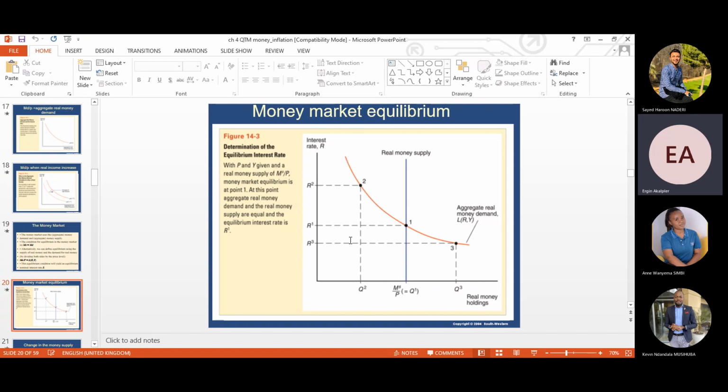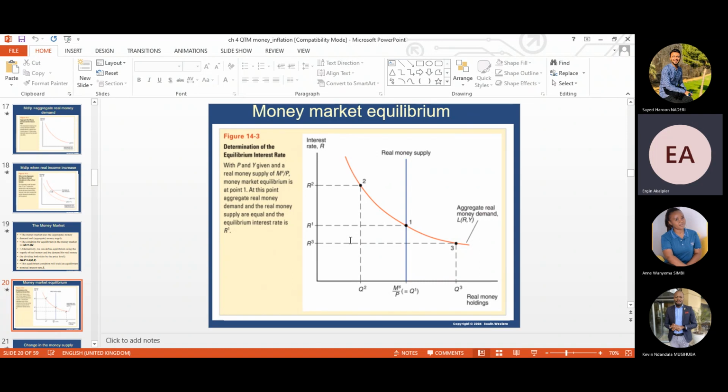As is observed, it is inversely related to the interest rate. As much as you reduce the interest rate, the aggregate real money demanded is enlarged because everybody can cheaply borrow credit, isn't it? This then gives the borrowers, let's say investors, a chance to enlarge and increase economic activities.